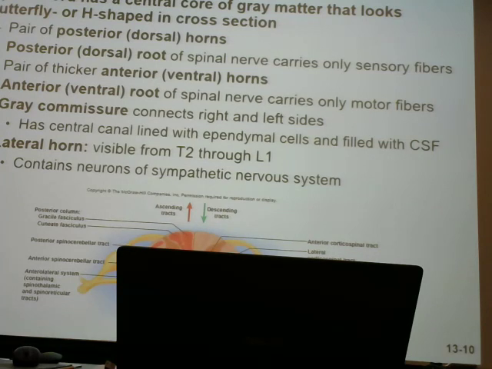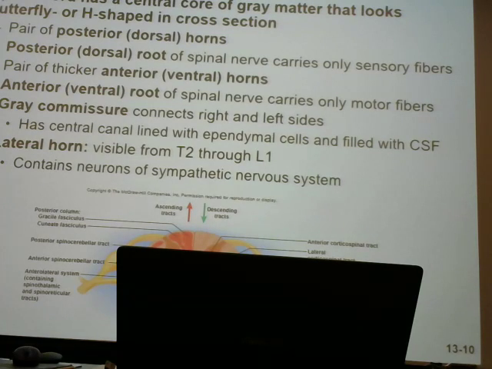So basically, T2 to L1, I've got a lateral horn. Where is that on my spinal cord? Lateral is to which side? Outside.